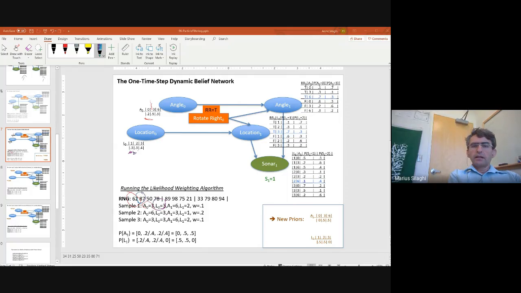Then we'll go and sample angle 1. So we take the random number here, 50, the third random number. For angle 1, we have been at angle 3 before, and the rotation has been true.